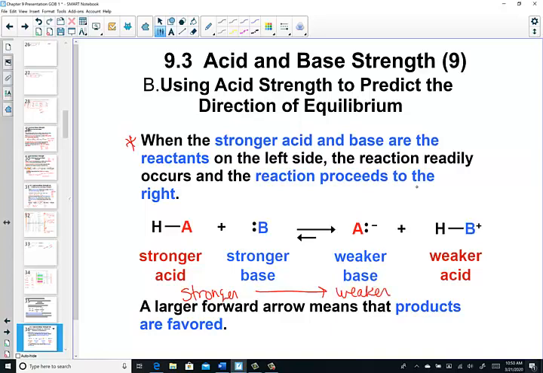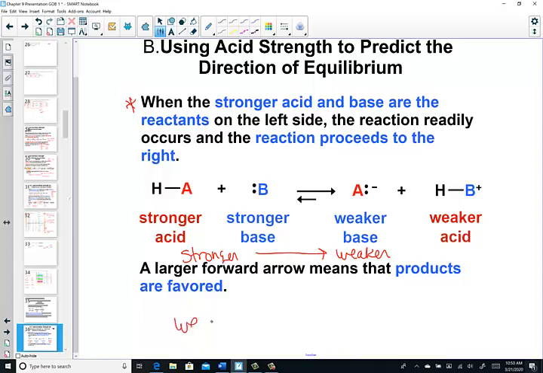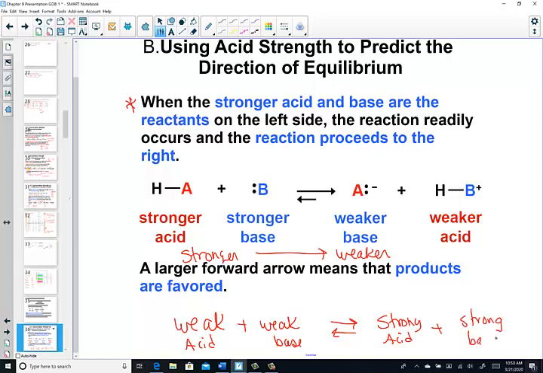That means if we had, and we don't here, a weak acid plus a weak base, and we have a dynamic equilibrium that would set up, strong acid, strong base. I'm just saying, if this had been the direction that we had written the reaction, the reaction would then favor this direction. Stronger will always point towards weaker. I'm going to write that in the margin. Recommend you do too.